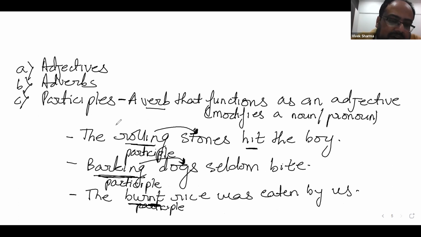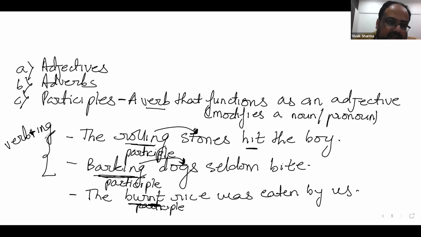You can just make a note over here. Just a minute, please. In the first two sentences, the participle is verb plus ing.